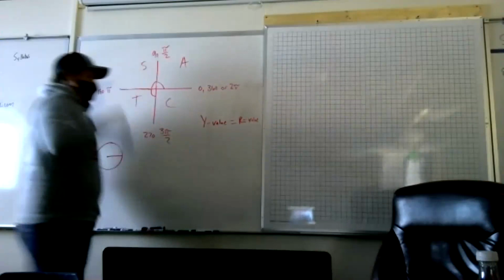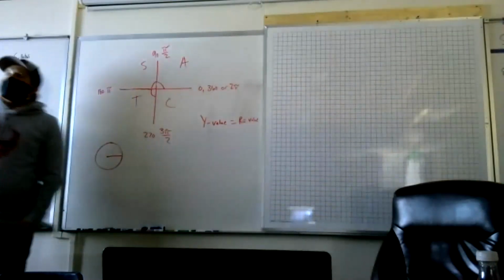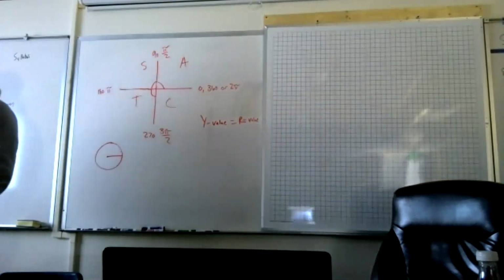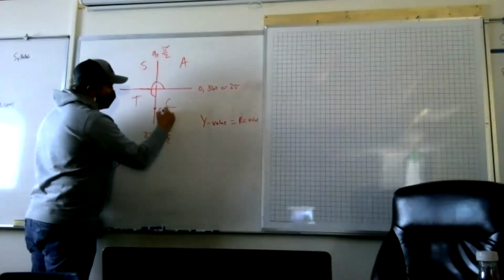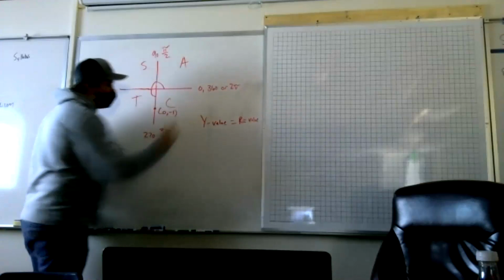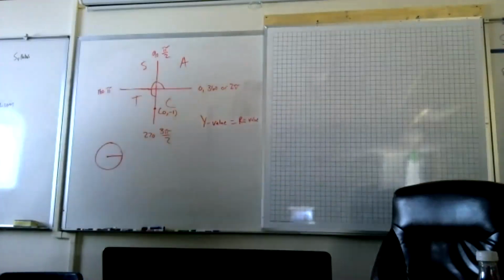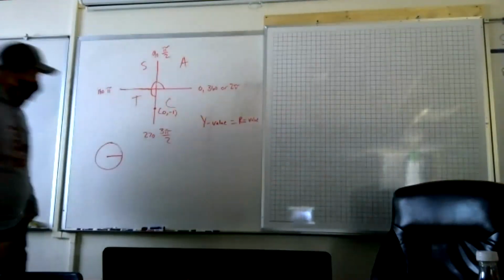Well, what point makes sense and is easy to use that puts us on the negative y-axis? Well, for simplicity's sake, (0, -1), right? Okay, so cosecant is the reciprocal of sine.